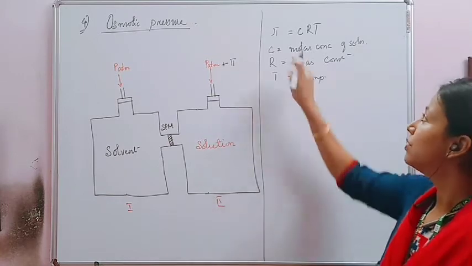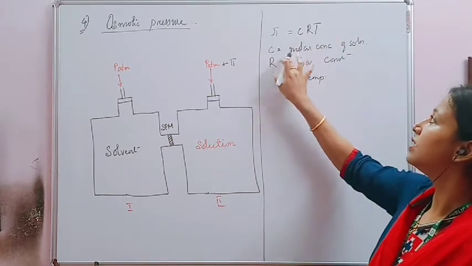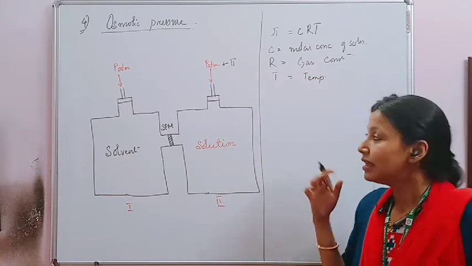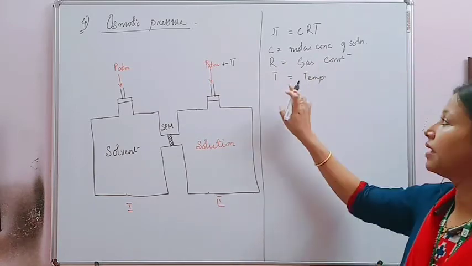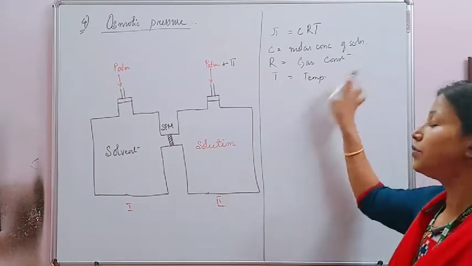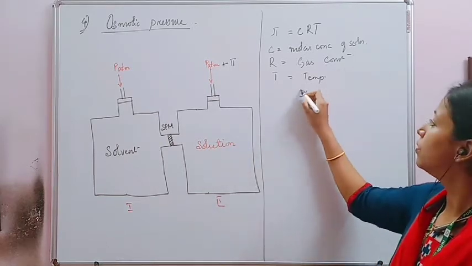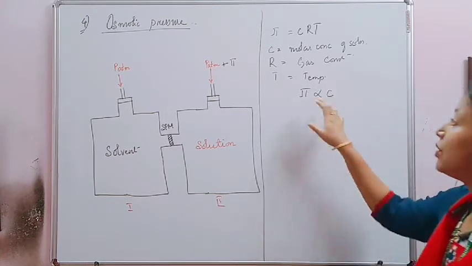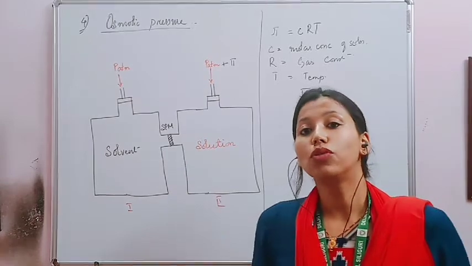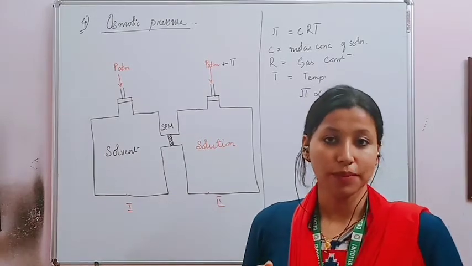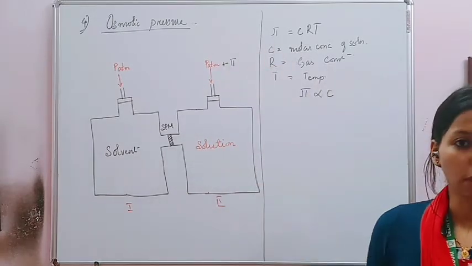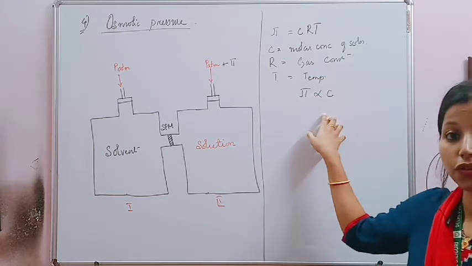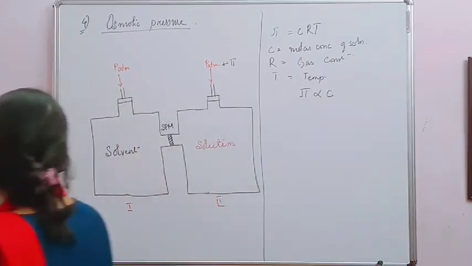So, pi is equal to CRT. Since R is a constant, and at a particular temperature T will also be constant, pi directly becomes proportional to C. That means, since osmotic pressure is directly proportional to the concentration of solutes, it becomes a colligative property. Is that okay? So, this is how we have related osmotic pressure to concentration of solute.